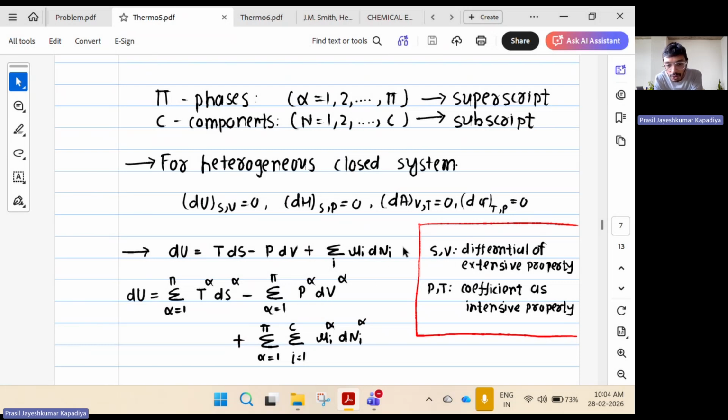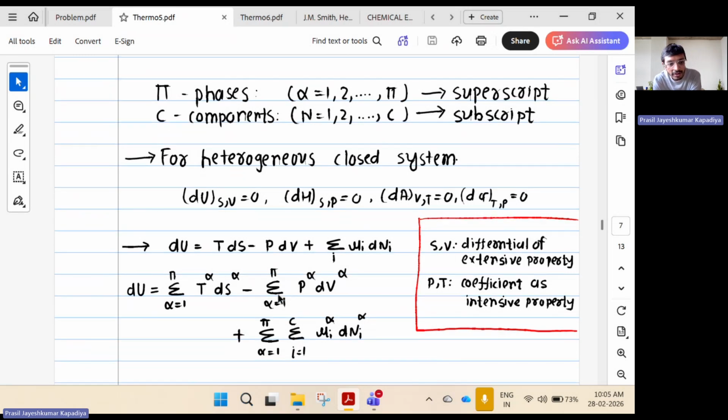Correct. Now in this term mu i dn i, we have i is equal to 1 to C components, but those components will be present in both phases. So we will need one more summation of alpha is equal to 1 to pi, and in superscript we will add alpha. So it is the chemical potential of each component, and then the chemical potential of each component in each phase. So we write this particular equation to derive the Gibbs phase rule.